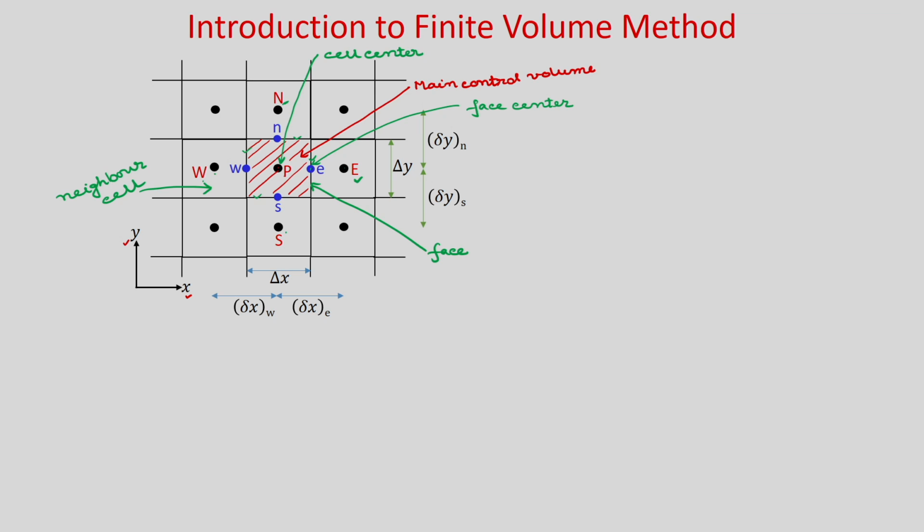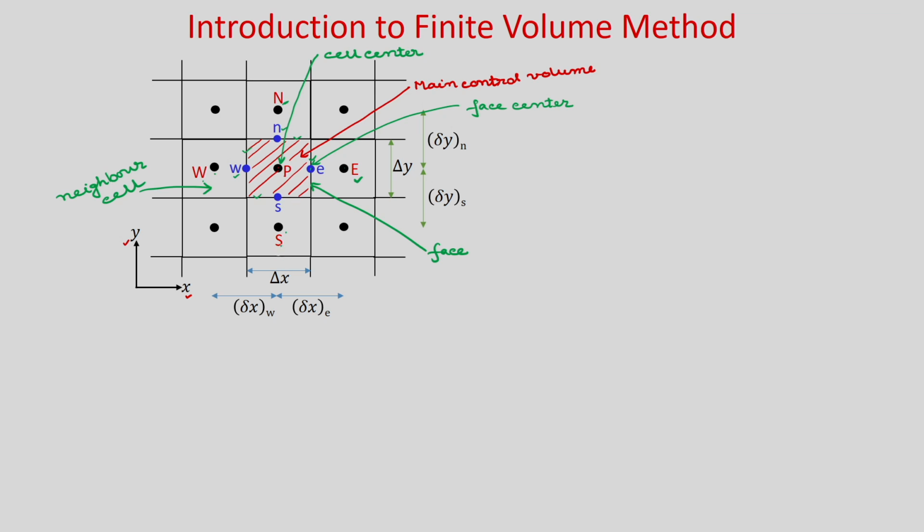The face center small e we have denoted as it is on the east side, small n on the north side, small w which is the face center of the west face, and small s is the face center of the south face.